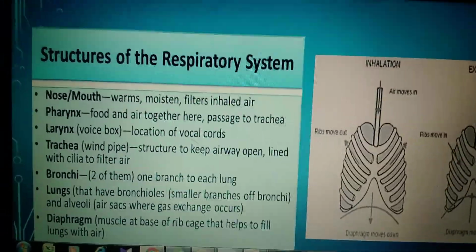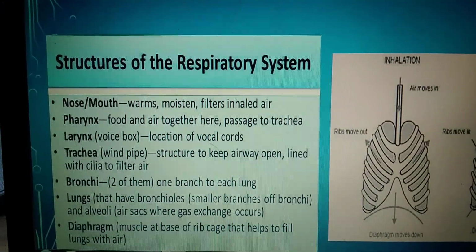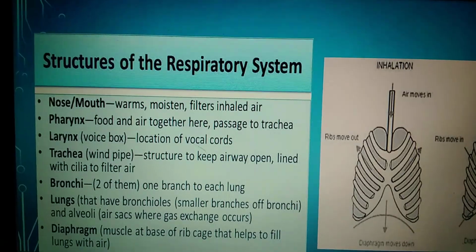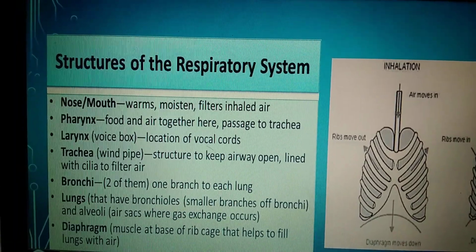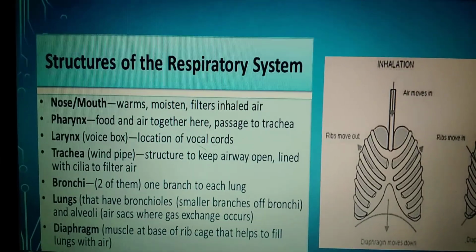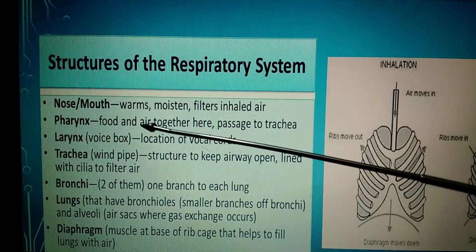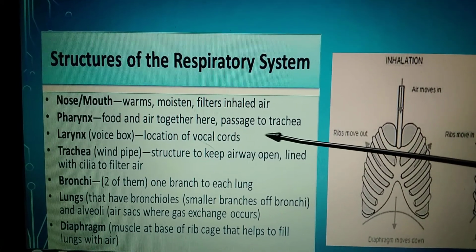If any dust particles or microorganisms are present in the air, then they will be filtered out in the nose with the help of the hairs. After that, food and air together pass to the trachea.